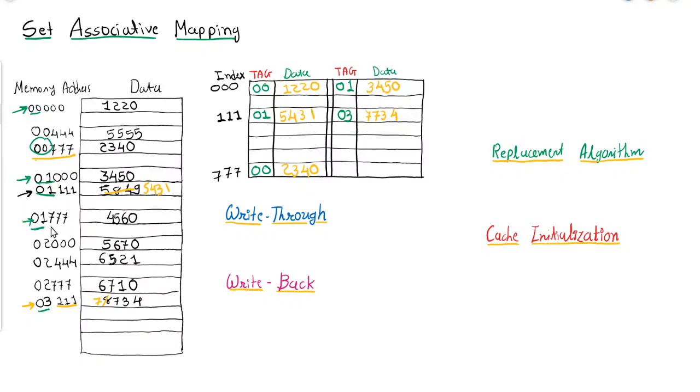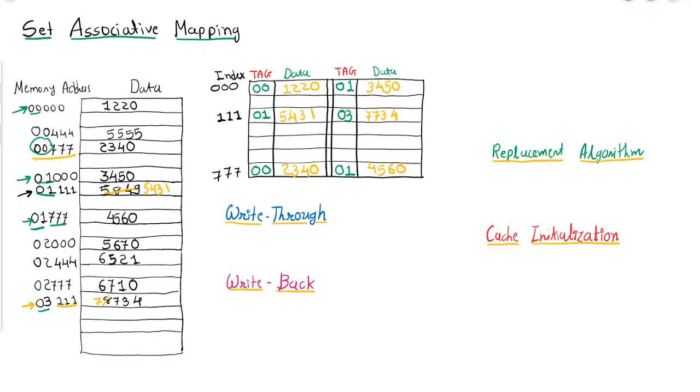So this will be the tag and this will be the index. The CPU will go to index 777 and check whether memory is available or not. Here it is empty, so first the CPU will store the tag and then the value. Clear with this? So this is how it will work.